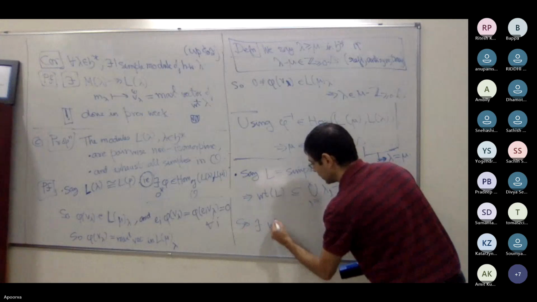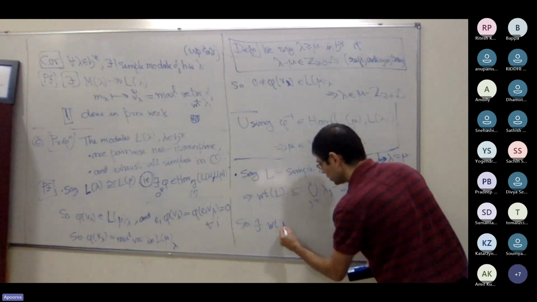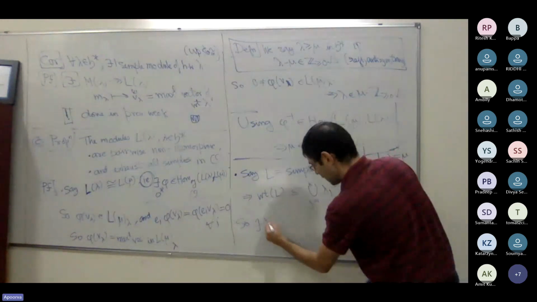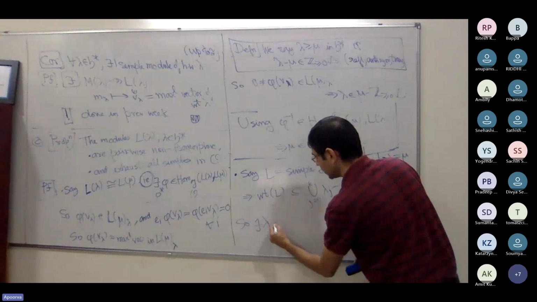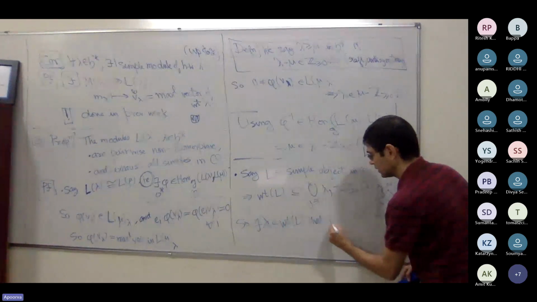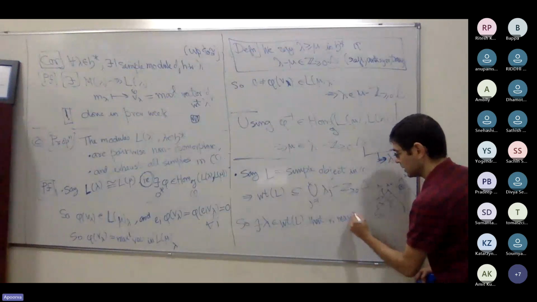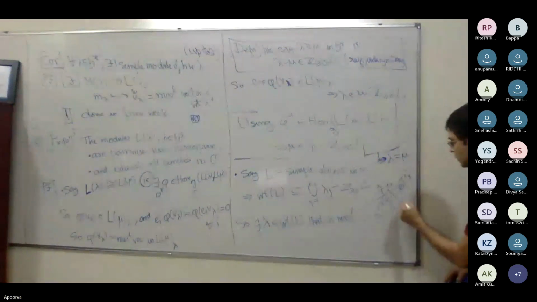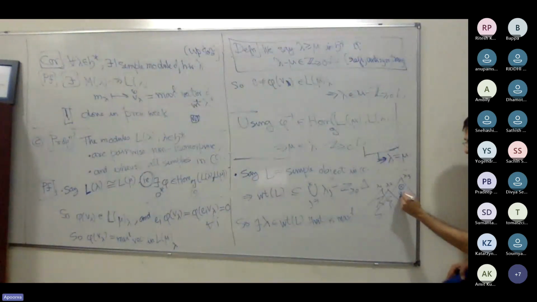So there exists a weight, let's say lambda, that is maximum. Because you take some weight, and if it is not maximum, there is something higher than that.